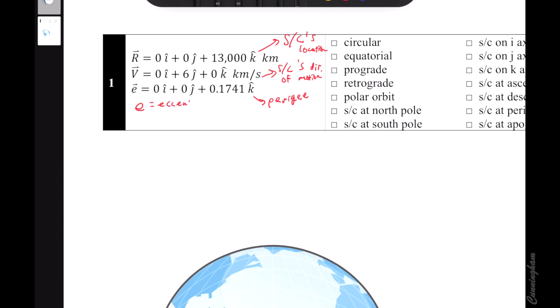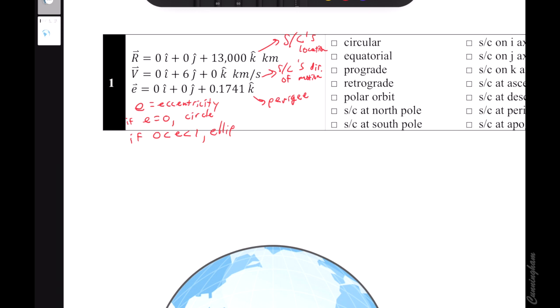And remember, if we had an eccentricity of 0, then we have a circle. This is just a review, but if we have an E anywhere between 0 and 1, not including 0 and 1, we have an ellipse.